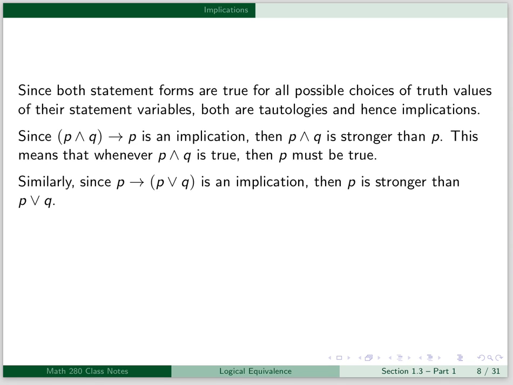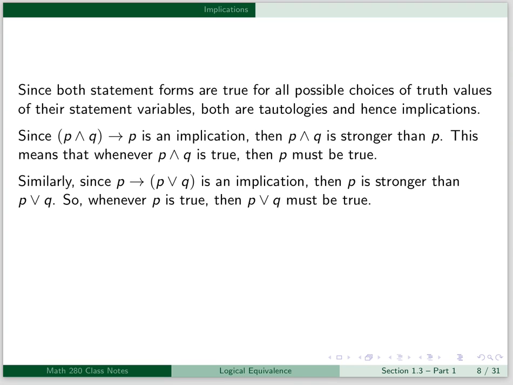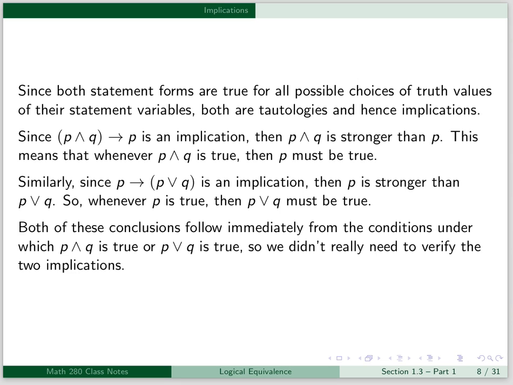Similarly, since P implies P or Q is an implication, then P is stronger than P or Q. So whenever P is true, then P or Q must be true. Both of these conclusions follow immediately from the conditions under which P and Q, or P or Q, is true, so we didn't really need to verify the two implications to draw these conclusions.